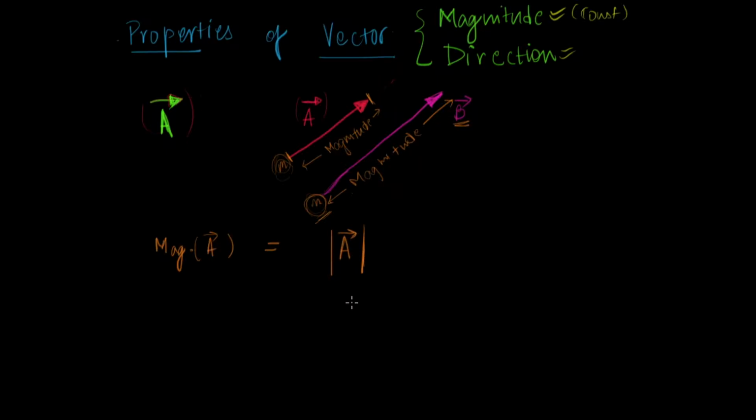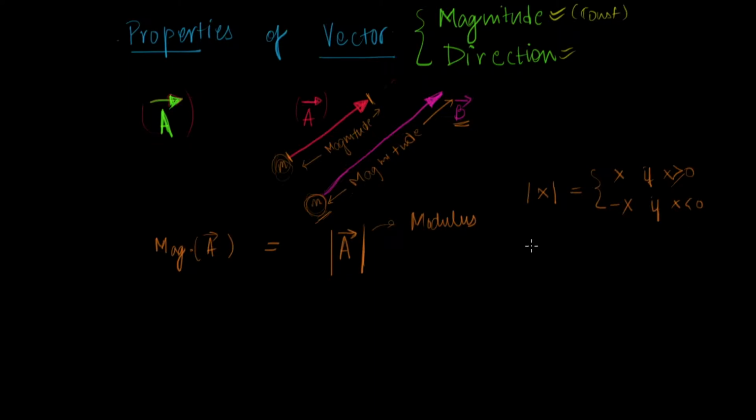Now, if you go back to your mathematical classes and the maths books that you've gone through already, you know that the modulus of, say, any number x is x if x is a positive number or equal to 0, and it's negative x if x is less than 0.